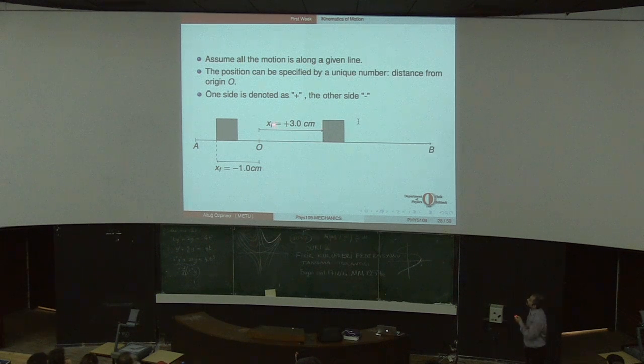Here I'm measuring the distance from a point on the left face of this rectangle. I should use the same point at all times to specify its position. If I choose this point to specify the distance from the origin at this time, and this point to specify the position at this time, then I will be doing wrong.